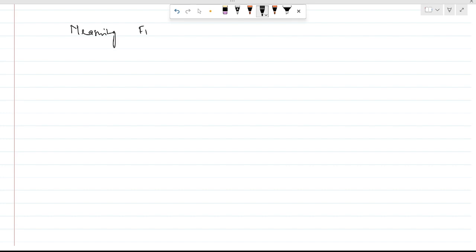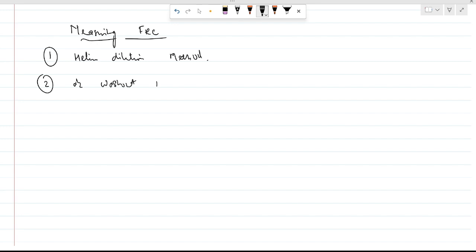First is the helium dilution method. Second is the nitrogen washout method. These are the two methods we have mentioned here.